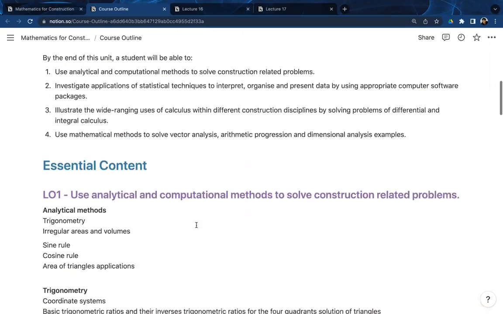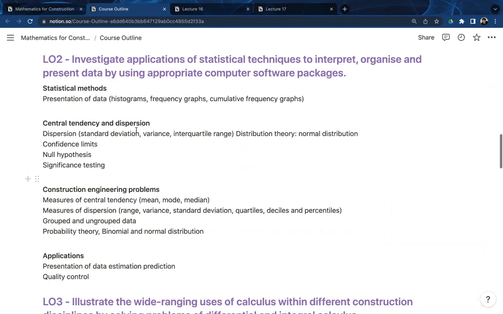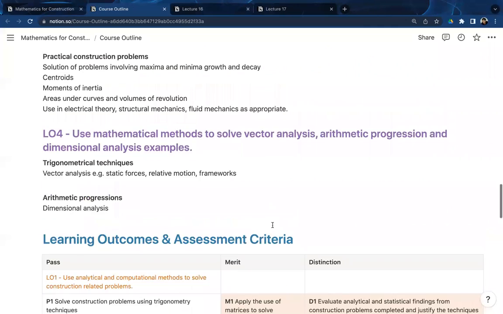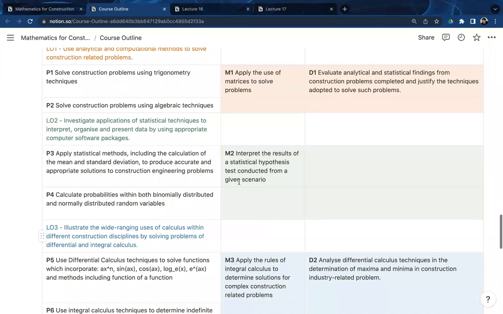What we head in towards really is LO2, which is statistical techniques, right? There's a lot of stuff here to learn, but if you look at the learning outcomes, apply statistical methods, calculation mean, standard deviation to produce appropriate solutions, right?